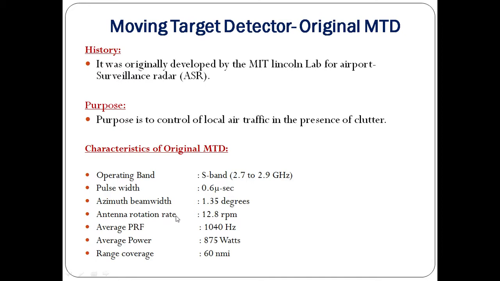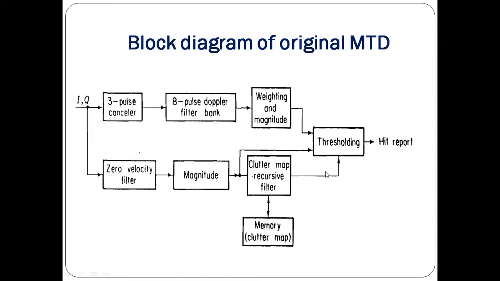The antenna rotates at a rate of 12.8 rpm. The average pulse repetition frequency is 1040 hertz. The average power is 875 watts, and it covers a range of approximately 60 nmi. This is a complete picture of the original MTD.